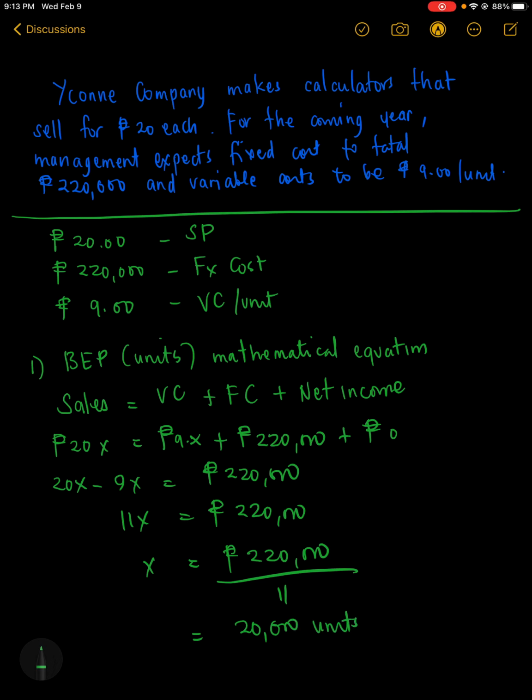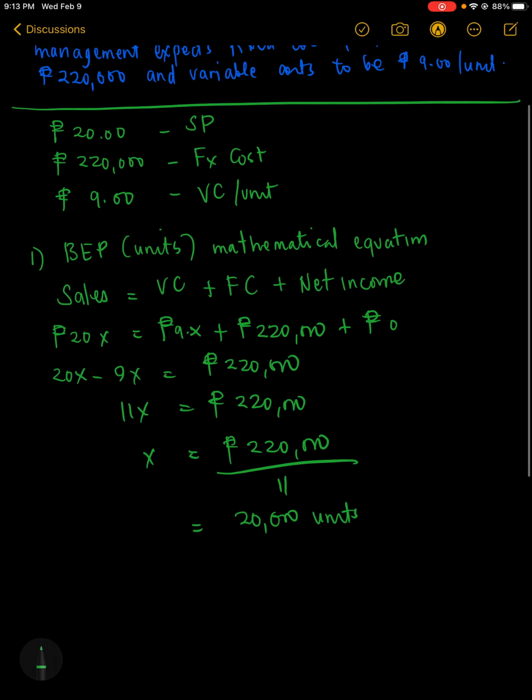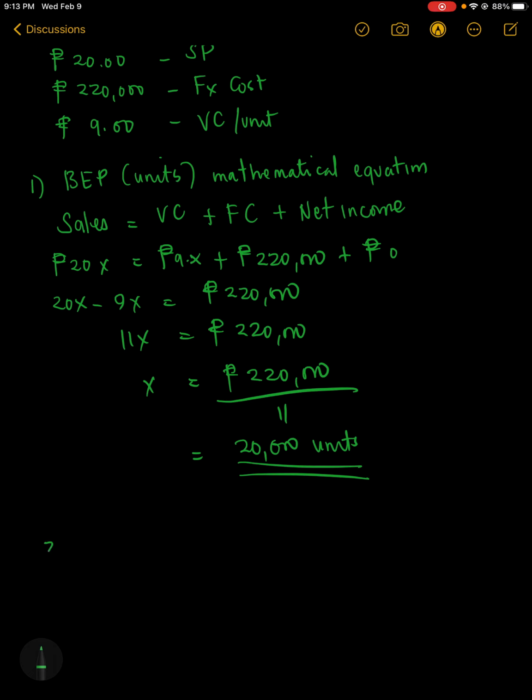So, therefore, our BEP or break-even point in terms of units is 20,000, if we follow the mathematical equation.